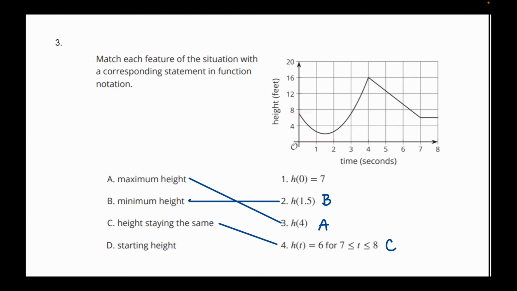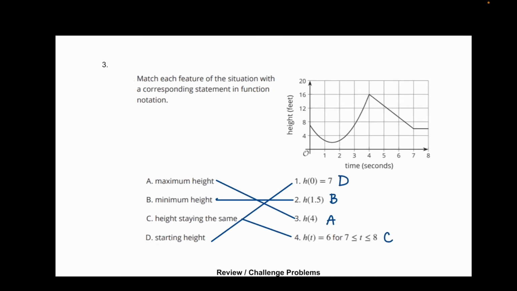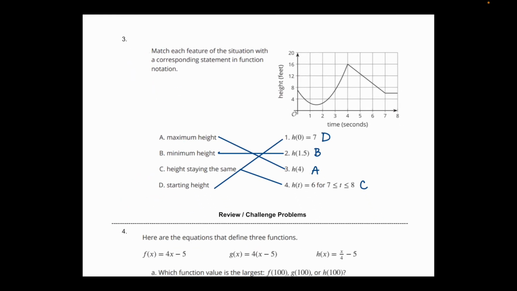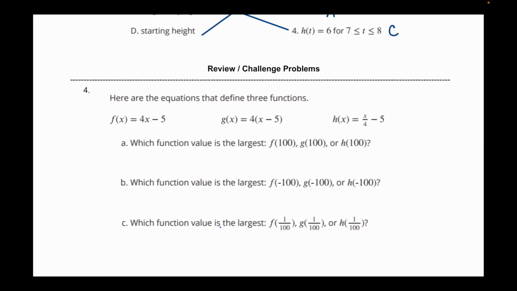Looks like it to me. So I would agree, yes. And so this one is going to be D. And that's all for question 3, just matching some of those up, but it's a little tricky seeing some of that notation sometimes. Let's look at question 4.